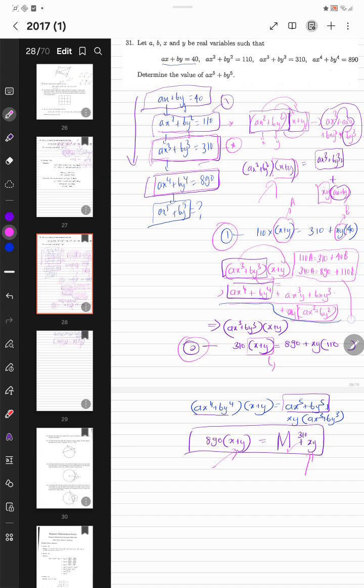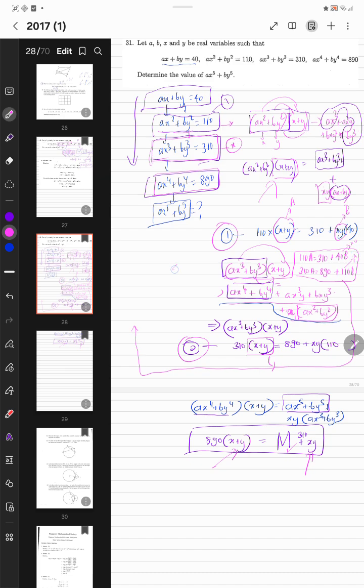To solve this easily, we can multiply this by 11 and we can multiply this by 4.